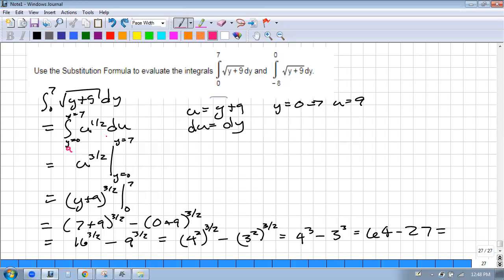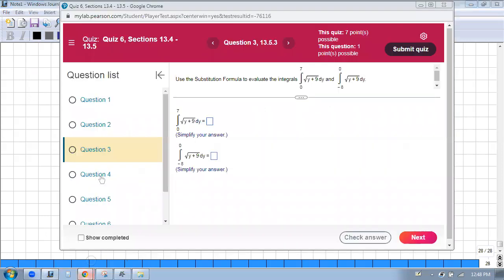And if y is 7, then u would be 16. You either put 9 and 16 because that's what goes with u, or you have to specifically say I'm talking about y here, and then switch back to y and use the 0. So you can do it either way you want. We got 2 more minutes. We can do another one here.